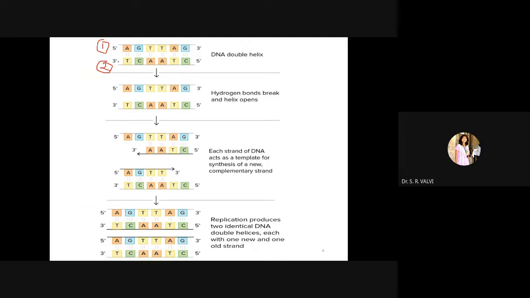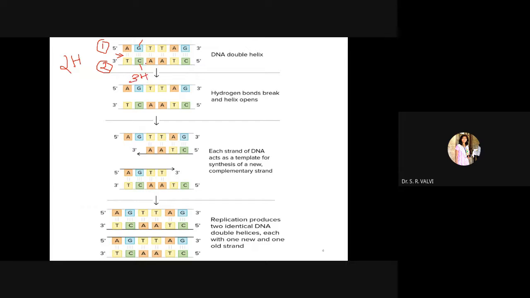As I have explained in my earlier lecture, adenine is going to pair with thymine with only two hydrogen bonds, whereas guanine is going to pair with cytosine with three hydrogen bonds.